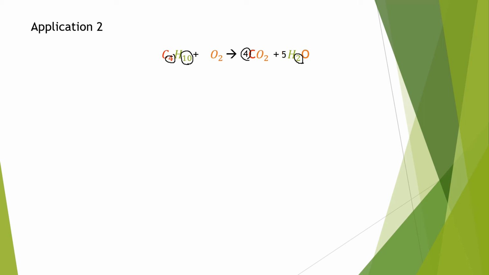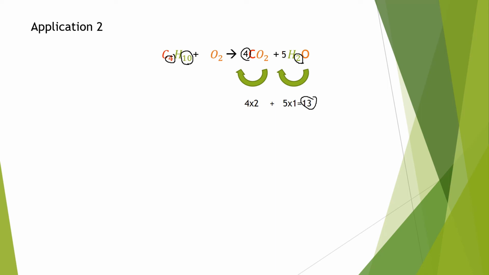I still have the oxygen. As I told you, I will put the oxygen at the end. So the number of oxygen atoms is 4 times 2, which is 8, plus 5 times 1, so 8 plus 5 is 13. So I have 13 oxygen atoms in the product because I have oxygen here and oxygen here.